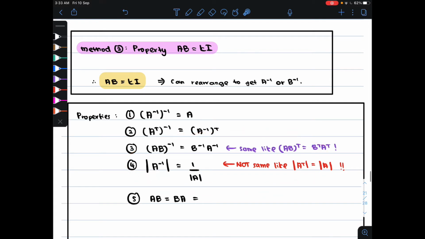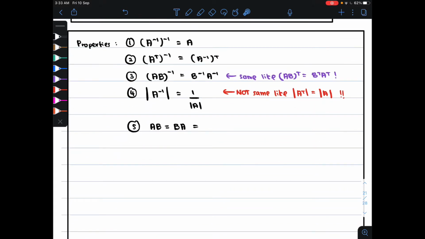And the last property of AB equal to KI, okay, if you have AB equal to BA, recall balik dulu Miss pernah kata kan, AB is not equal to BA. Okay, that is generally true for all matrices, alright?